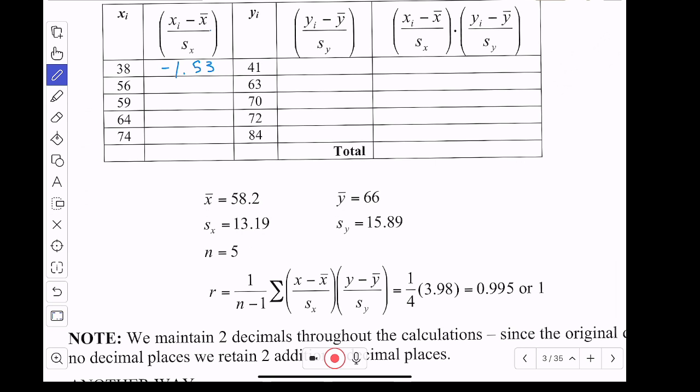And now I'm going to do it for y. I'm going to take 41 minus 66 divided by 15.89. And I get negative 1.57. Now I can't see you, so you have to tell me. You have to do this, okay? So try that, and then let's talk.